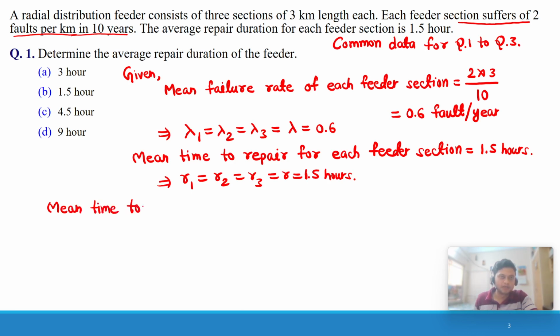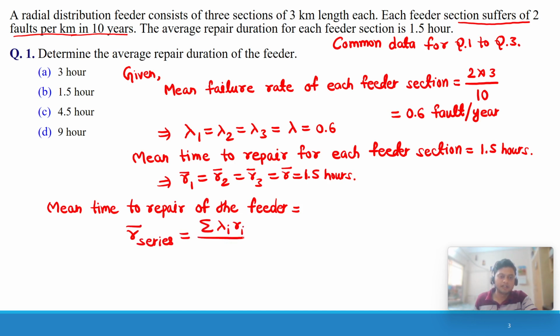So mean time to repair of the feeder, R series, is equal to the ratio of summation of lambda i R i divided by summation of lambda i.